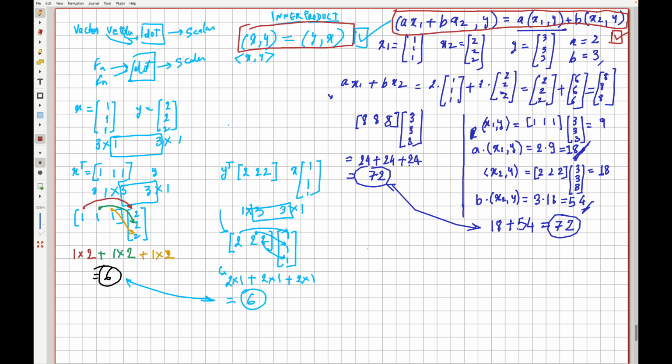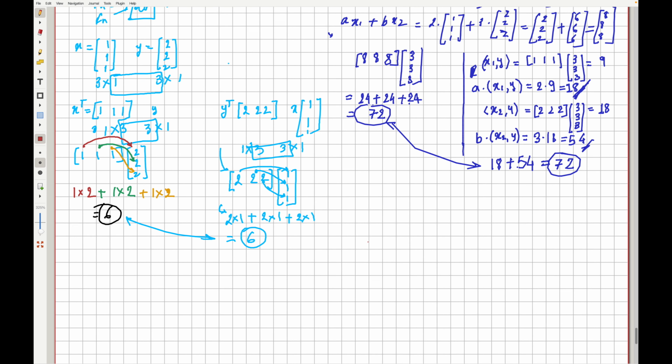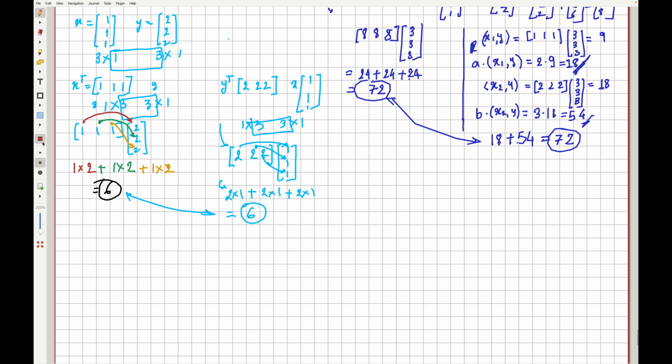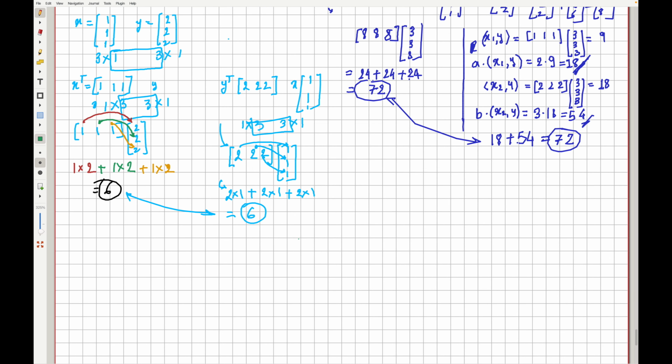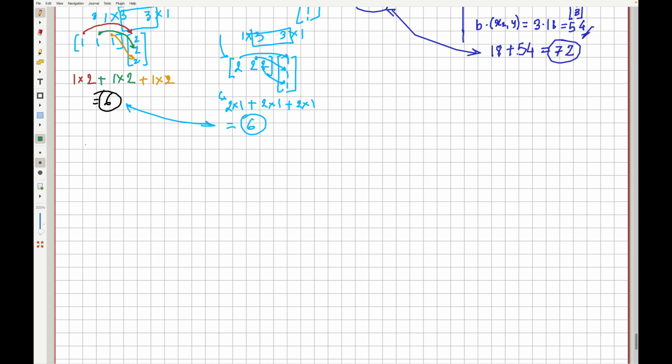And the last property that we are going to look at is positive definiteness. What I mean by that is, let's say we have values for x and values for y, so vector x dotted with x needs to be greater than or equal to 0, and the dot product of x with x can be 0 only when x is a 0 vector.